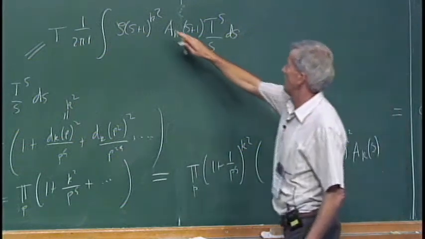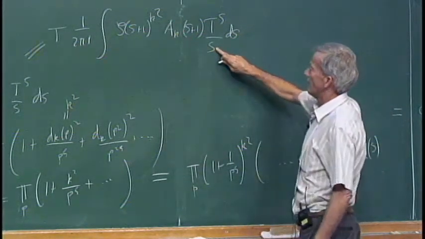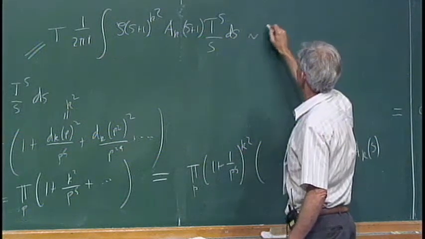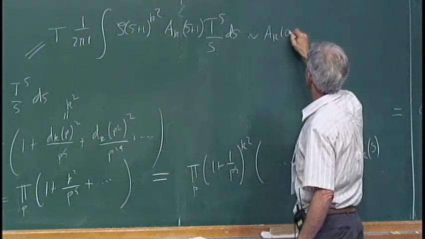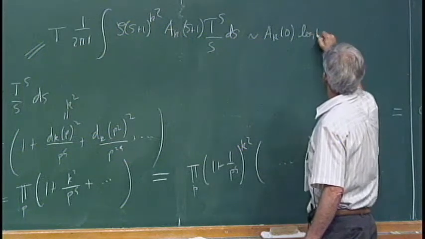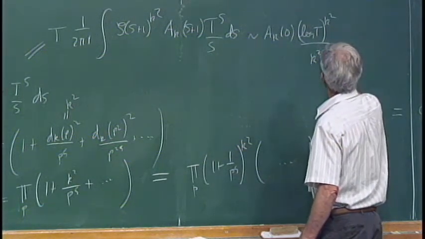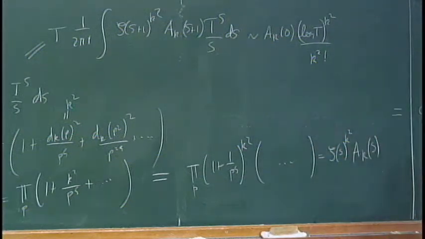And so you have a k squared plus 1 order pole. This isn't going to matter too much, and so this is going to be asymptotic to A_k of 0 log t to the k squared over k squared factorial. Okay, so this is where the log to the k squared over k squared factorial part of the formula comes from.